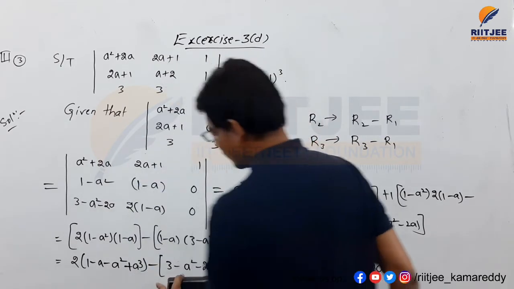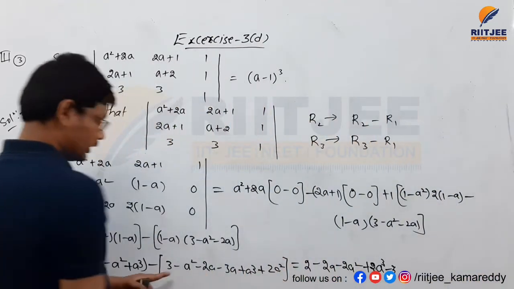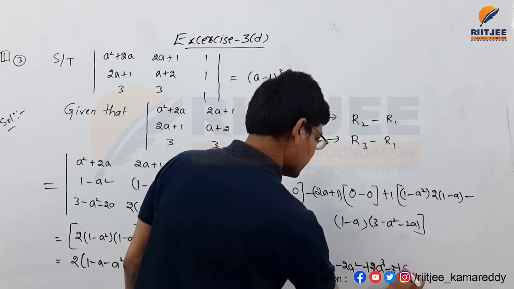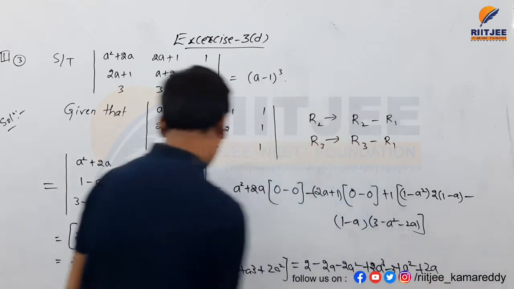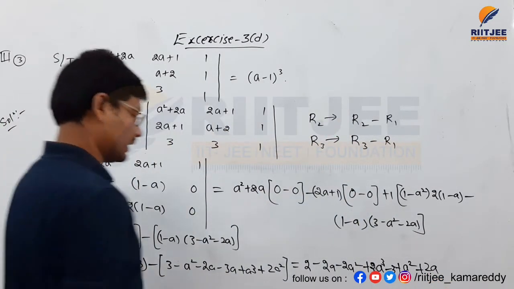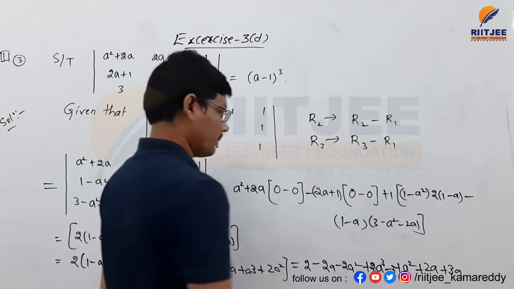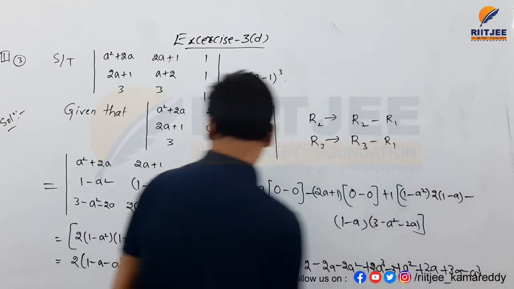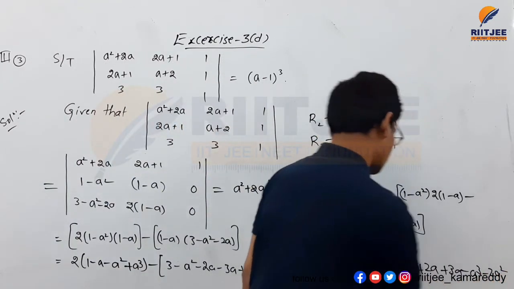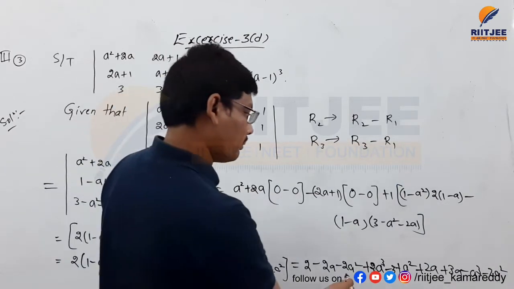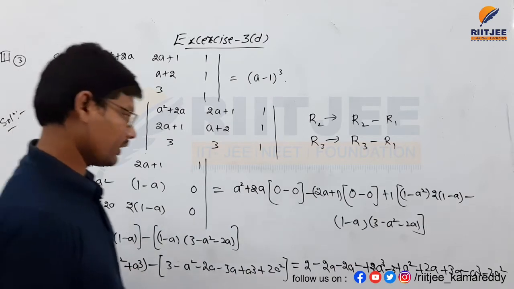Next, now multiply the minus here, minus 3, minus into minus becomes plus a square, and minus into minus becomes plus 2a, and minus into minus becomes plus 3a, and minus into plus becomes minus a cube. Next minus into plus minus 2a square. Okay, fine.